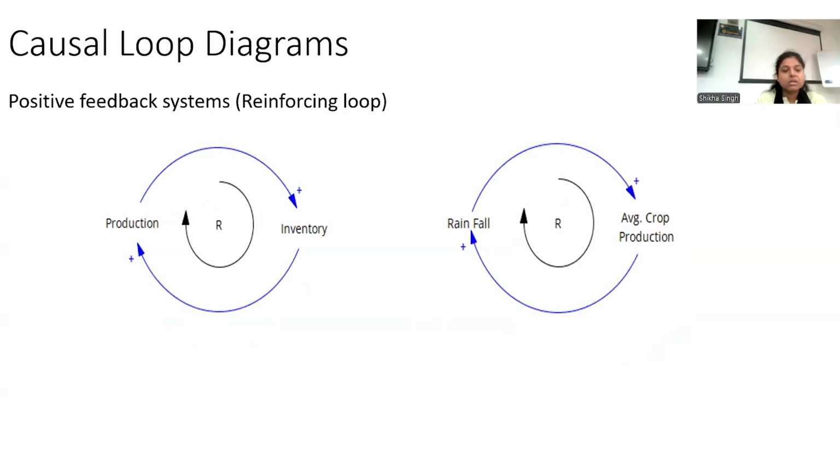So you see in the positive feedback loop, when the production is increasing, inventory is increasing, and if inventory is more, production will be more. If inventory is reducing, it means production will be reduced, right? The same way, if rainfall is increasing, average crop production will also be increasing.